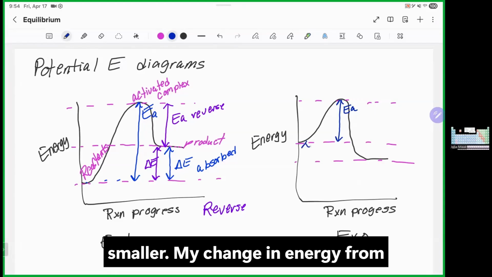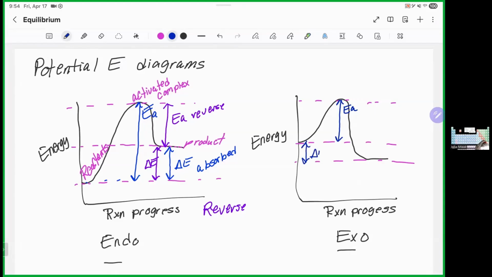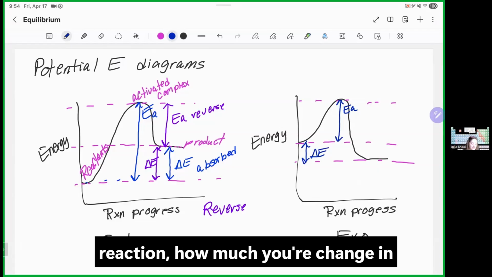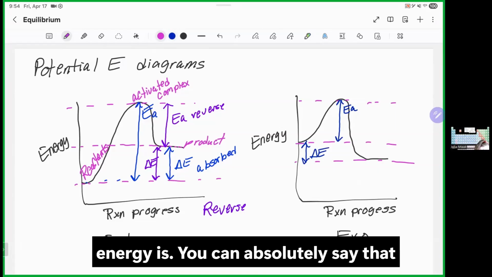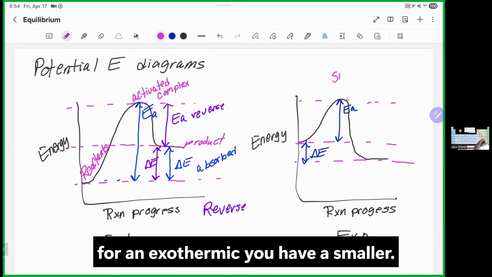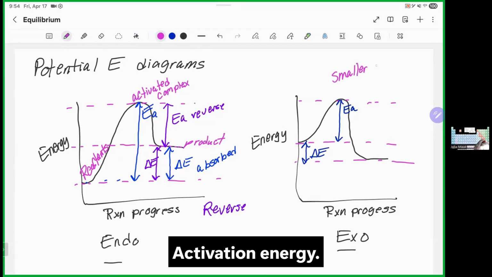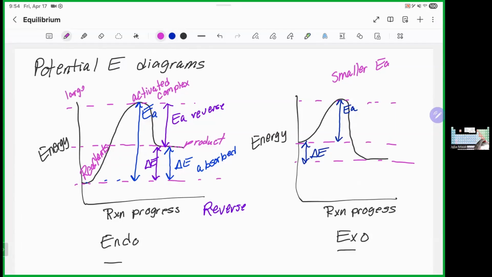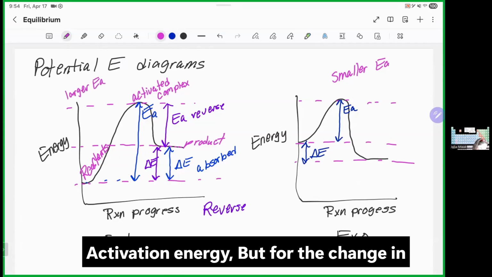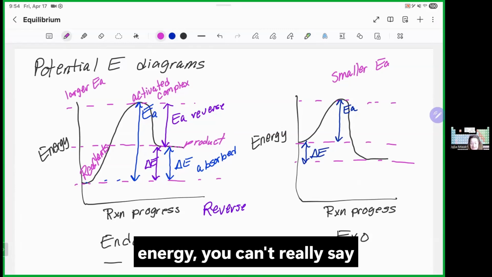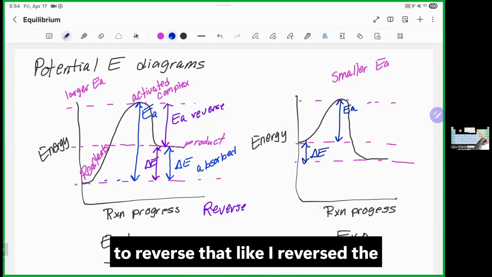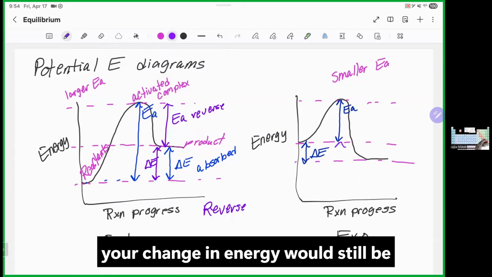My change in energy from the beginning to the end, okay, and it just depends on that reaction, how much your change in energy is. You can absolutely say that for an exothermic, you have a smaller activation energy, and for an endothermic, you have a larger activation energy. But for the change in energy, you can't really say specifically. Okay. And if we were to reverse that, like I reversed the other one, right? The reverse of it, your change in energy would still be the same.